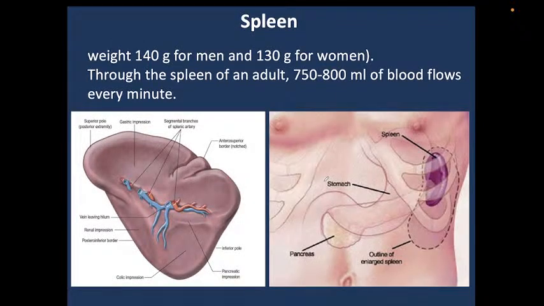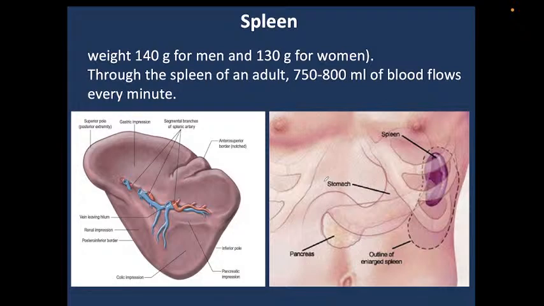Now it's time to talk about the spleen. The Latin name is lien and the Greek name is spleen. It's the same. The spleen is an organ that usually weighs about 140 grams for men and just a little bit less for women.